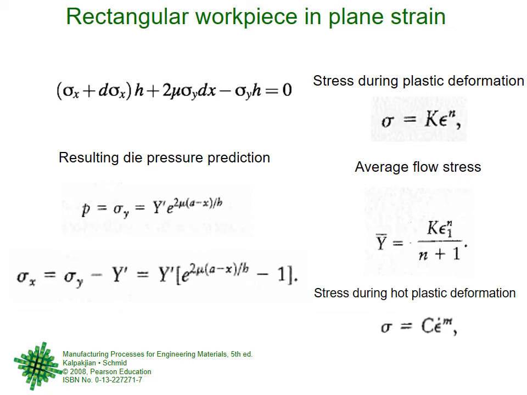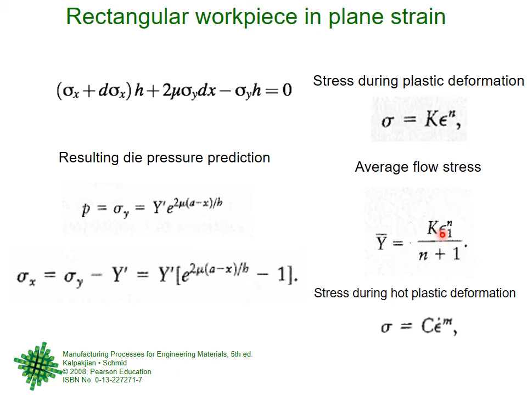Right? So if we start with some forging stress and we finish with some other forging stress, then using this equation, where remember that the sigma is actually Y according to them. So the average stress, and they call it flow stress, because of the flow lines the material is flowing right into the die shape. So that we say Y bar, average flow stress, is K epsilon^n upon n plus 1.